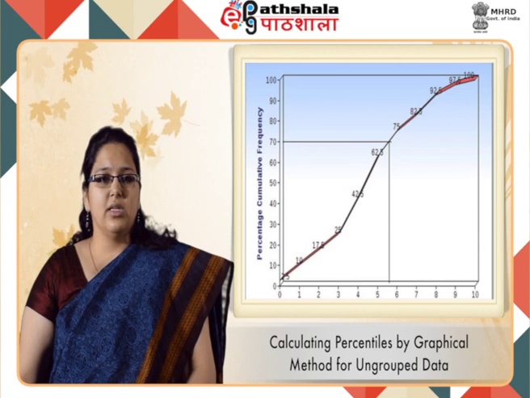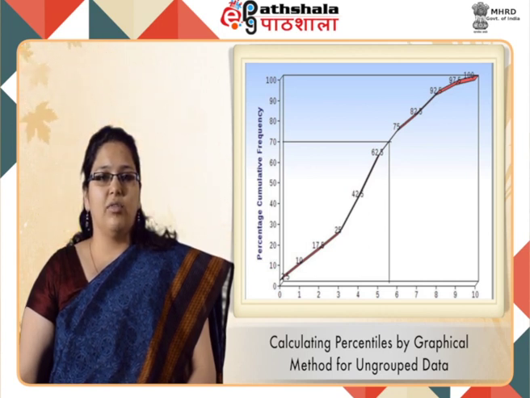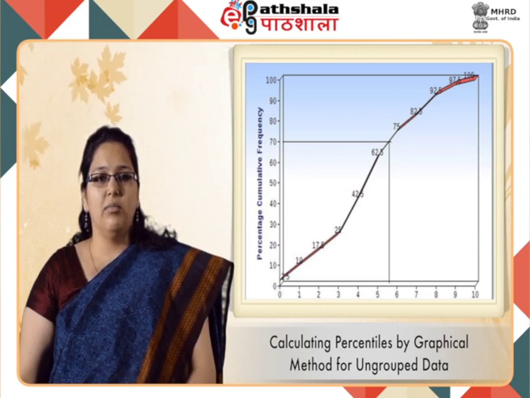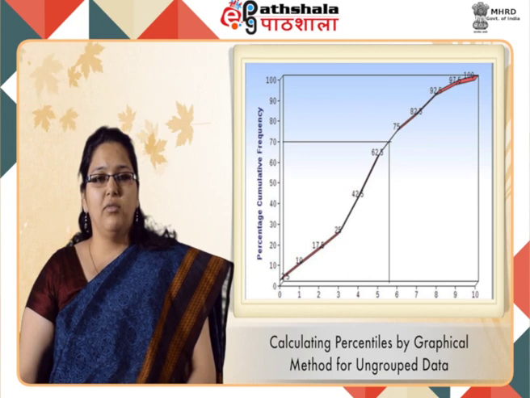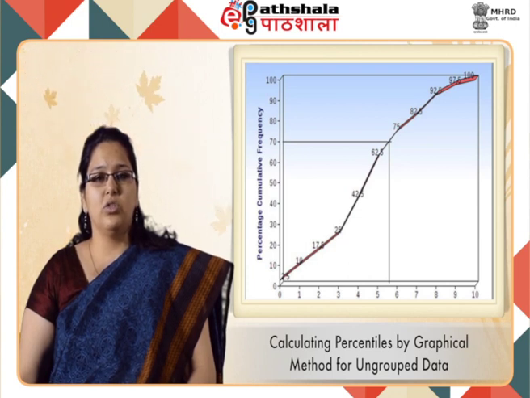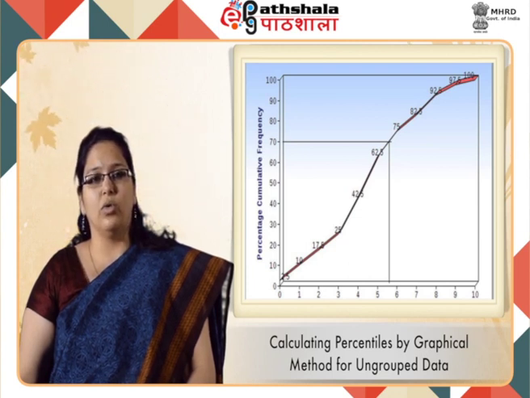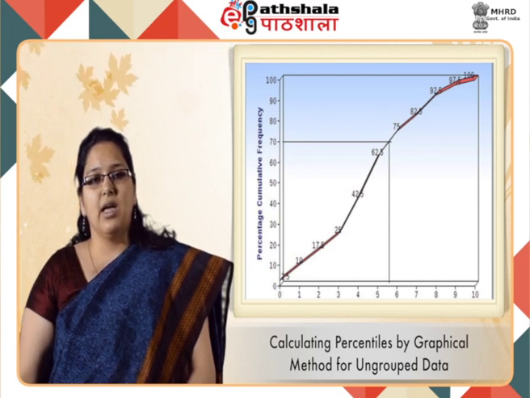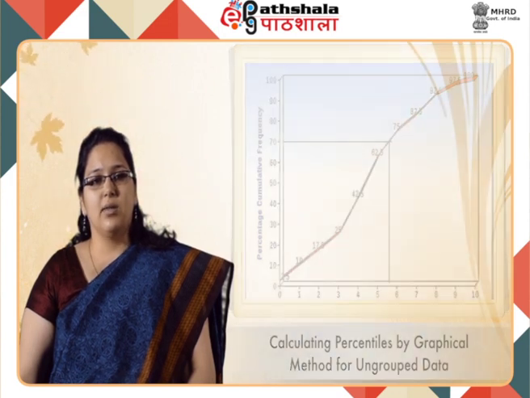For instance, P70 is found by finding the point on the graph where the perpendicular line from 70% meets the curve and drawing a vertical line from this point to the x-axis of score. The vertical line cuts the x-axis at 5.6, hence P70 is 5.6.